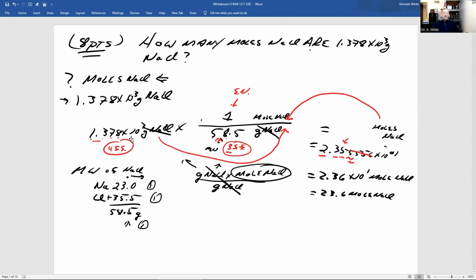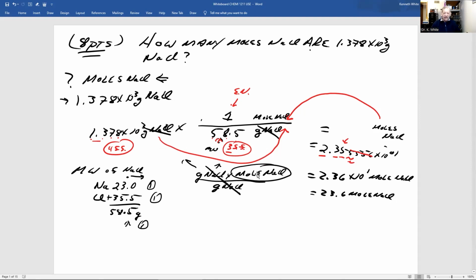This is the only number we can start with. This is what we're trying to get to. And you use your good friend, unit analysis. Whatever you're trying to get to goes on top of the ratio. Whatever units we're trying to get rid of go underneath.